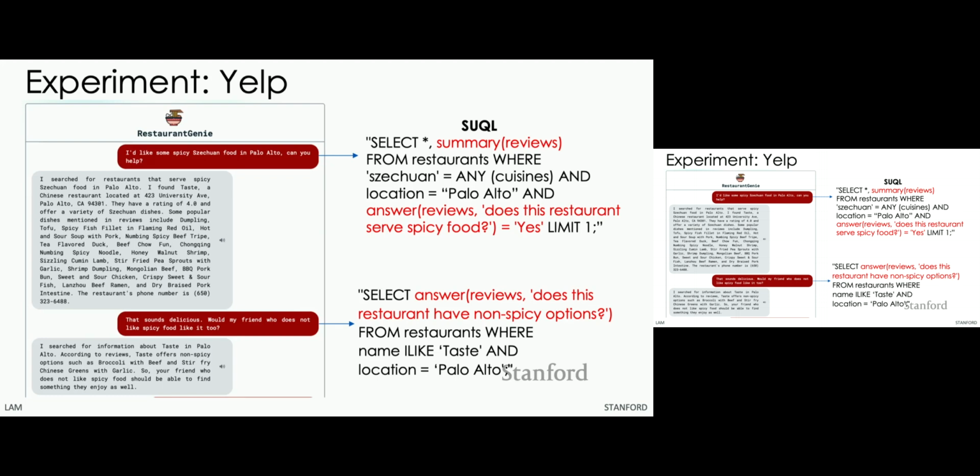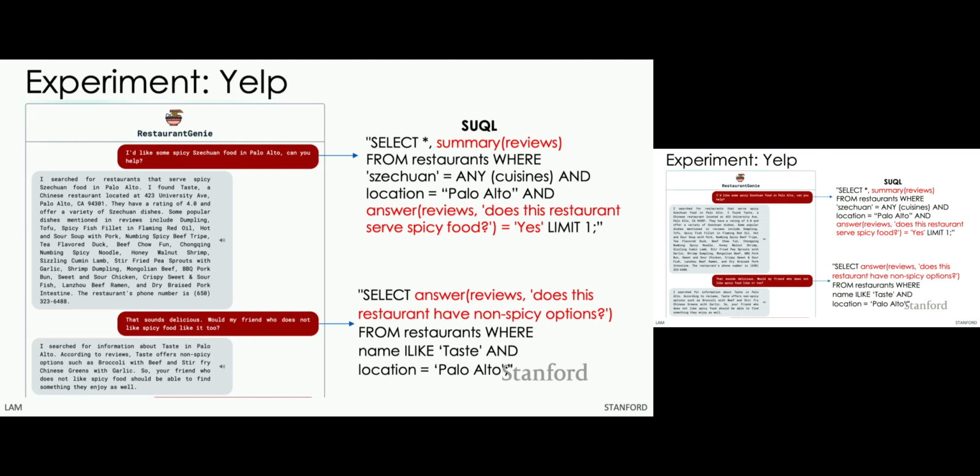And it translates it into the following sentence. We are asking about the restaurant Taste in Palo Alto, and we ask, does this restaurant have non-spicy options? The English doesn't exactly say, does it have non-spicy options, but GPT is able to phrase it in a way that matches the kind of things you can find in reviews.